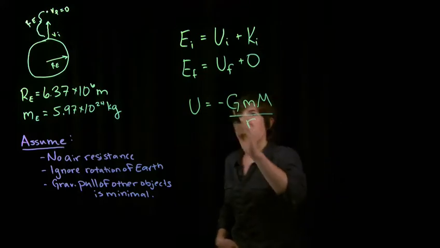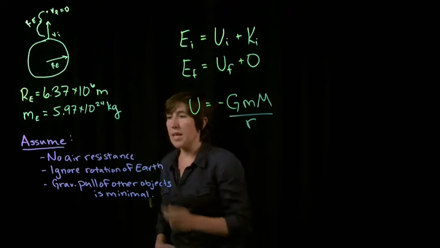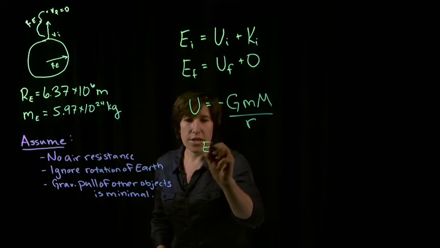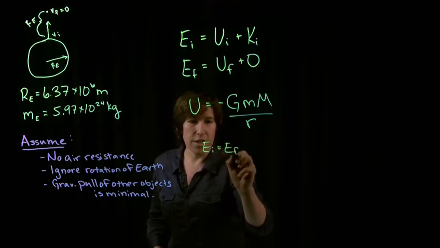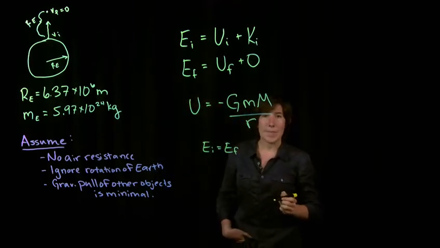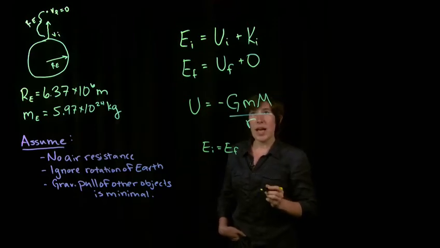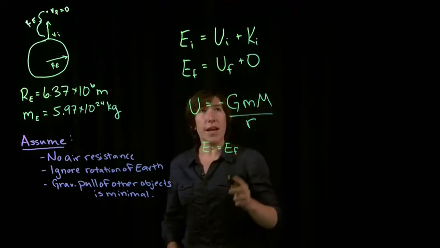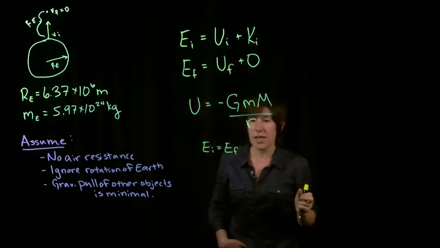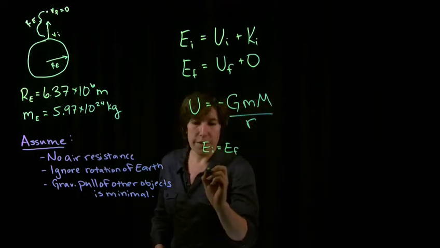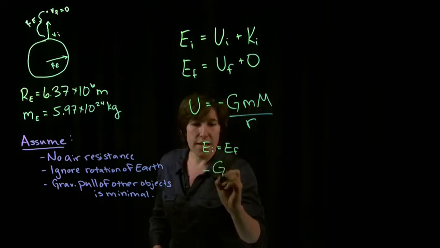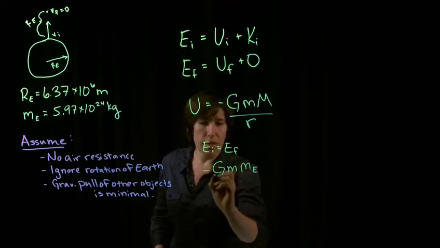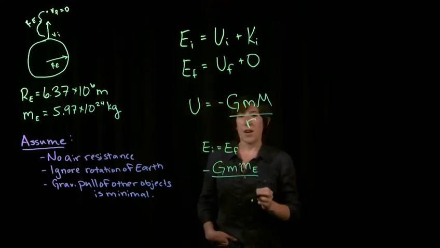So as I said, we're going to treat energy as conserved because of the assumptions that we're making. And so that tells us that the initial energy is going to be equal to the final energy. So now we can plug everything in. We can plug in U into U initial and U final, and we can plug in 1/2 mv squared for the kinetic energy, and what we find is negative G, now the mass of your friend, times the mass of the Earth, divided by their initial position.